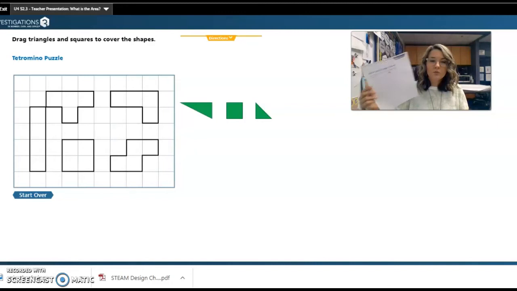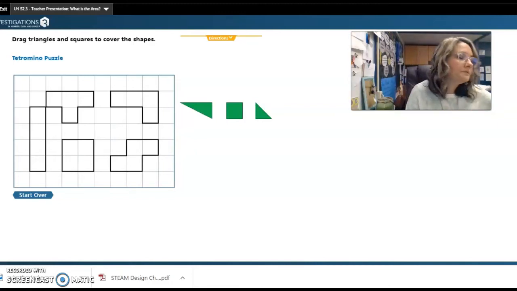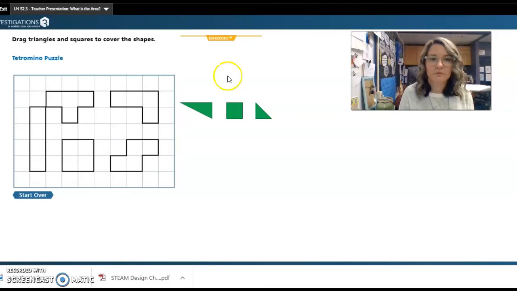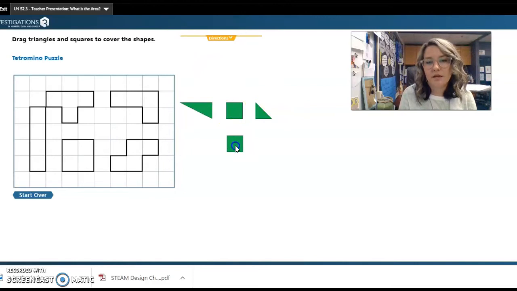Now, let's talk about these pieces before you get started. So what's the area of this piece right here? You're right, that's 1 square unit. What about this triangle right here, the smaller triangle? What would be the area of this triangle?